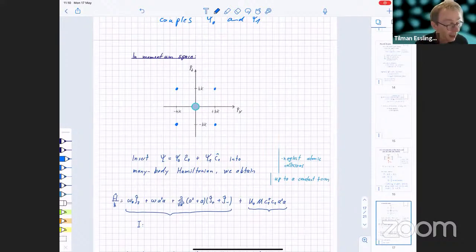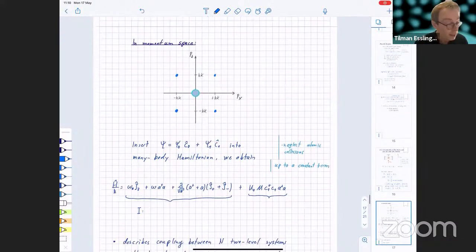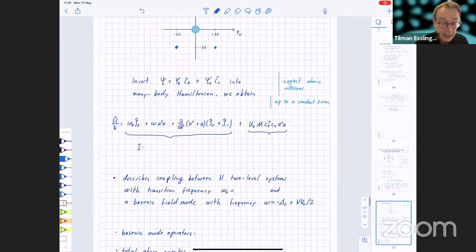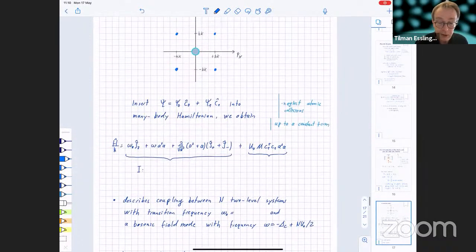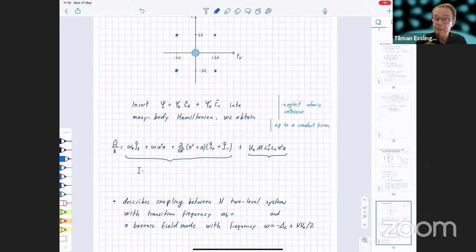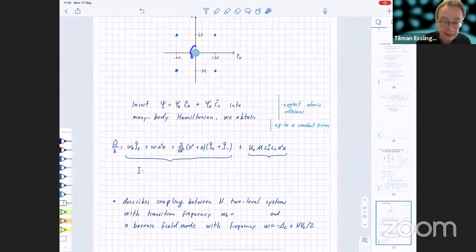Okay, and what we see now in this picture, if we neglect atom-atom interactions, and if we go into the basis that, say, this is spin down and the superposition of those 4 states is spin up, then we have a Dicke Hamiltonian.